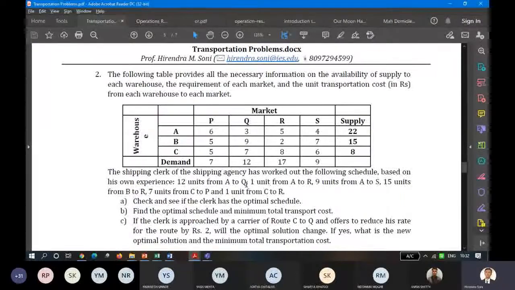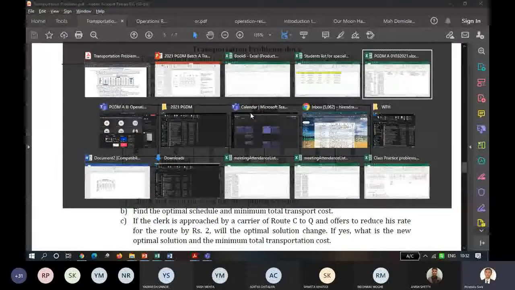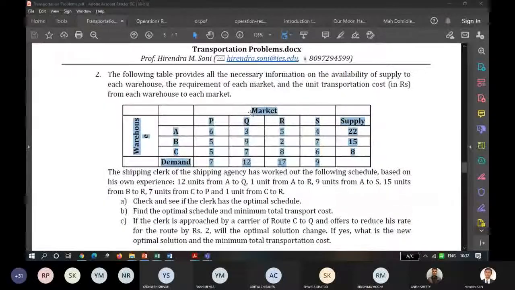Okay. What we'll do is we'll just copy this and we'll put it. Sir, ये क्या आप Excel में you're doing? हाँ.